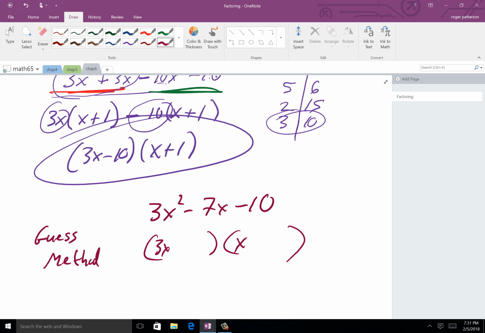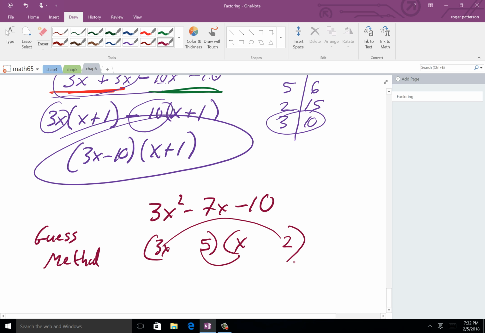Now, probably, this number is kind of small, so probably my first inkling would be to go with 2 and 5, all right? Because if I put a 10 in there, that's a large number. So I'm going to try 2 and a 5, even though I know it's not going to work. 5, 2 times that gives me 6.